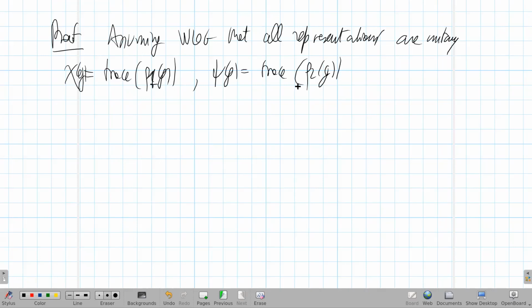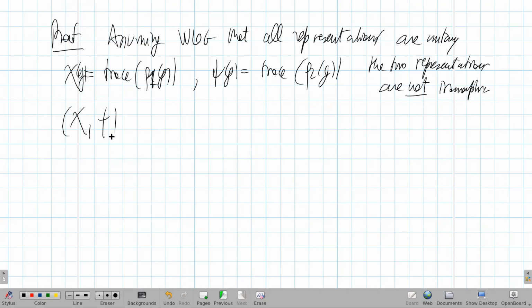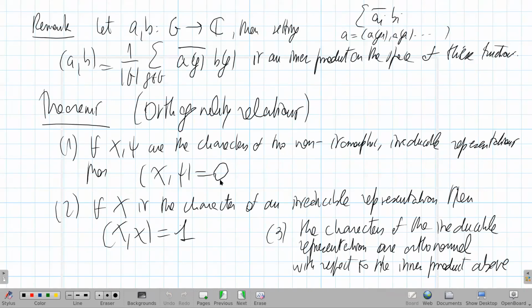So they are characters of two representations, and our assumption in the first case is that the two representations are not isomorphic. We consider the scalar product of chi and psi, and we have to show that this is 0. I say scalar, but inner product, I mean the same.